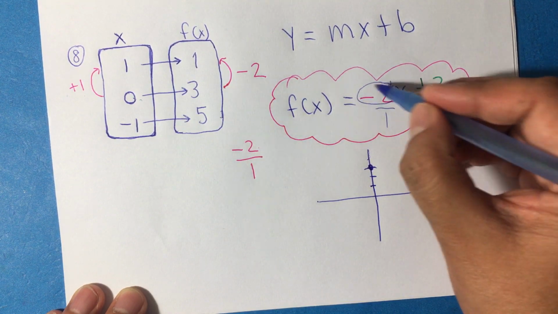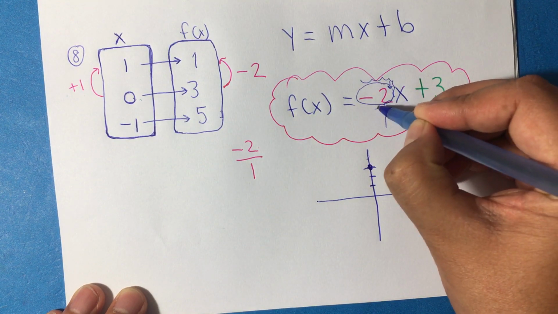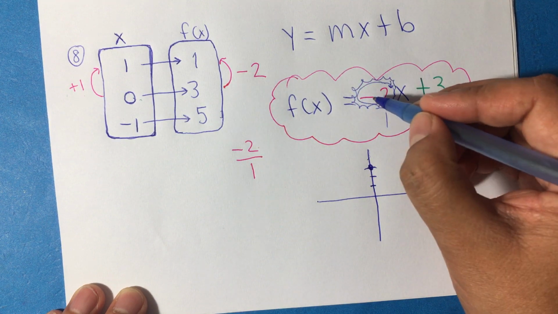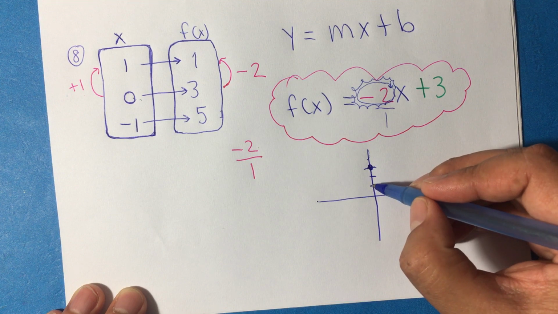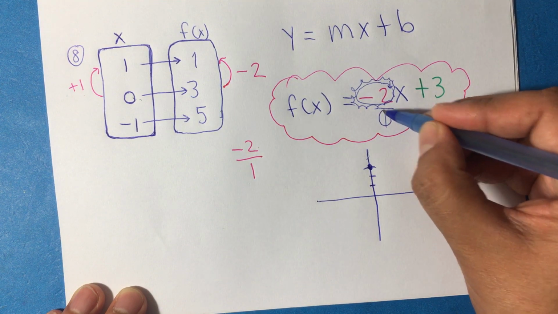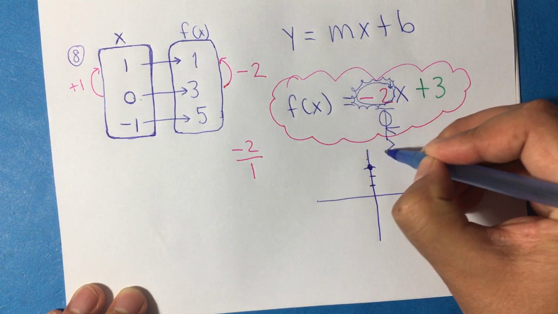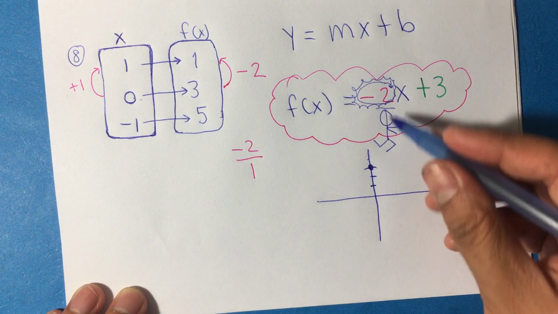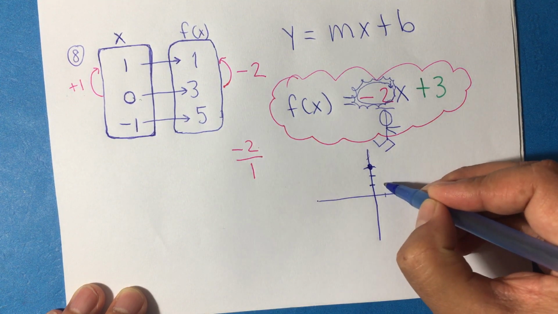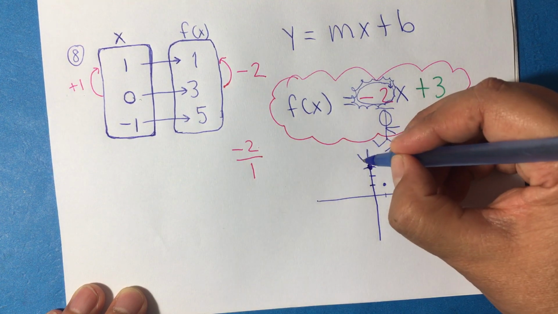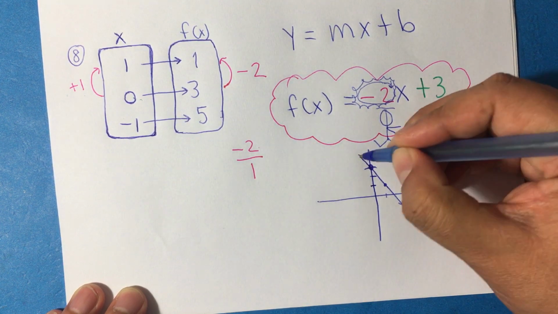That's the sign, if you remember. The sign goes up if it's positive or down if it's negative. 2 spaces, 1, 2, it's right there. But then you have to run, since it's positive, you're going to run to the right. So down 2 spaces and to the right 1 space, and that will be my graph, okay?